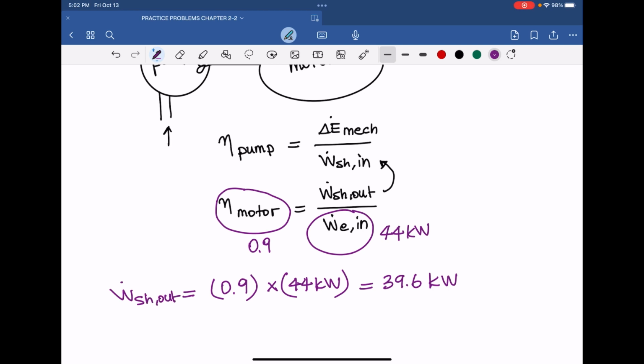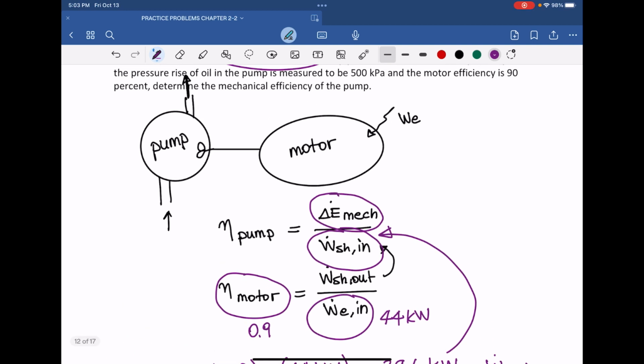In other words, the shaft power input that is getting into the pump. Now, since we also know this one right now, the only thing we need to do here is calculate the mechanical energy change of the flow due to the pump, right? Due to the shaft work that is changing the mechanical energy of that fluid in the pump.